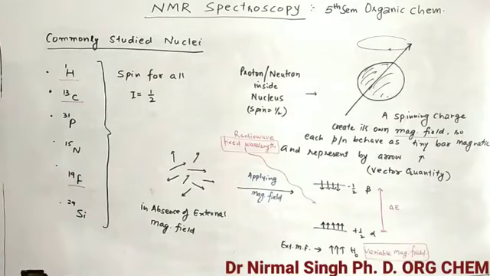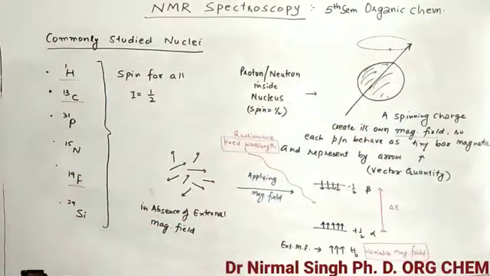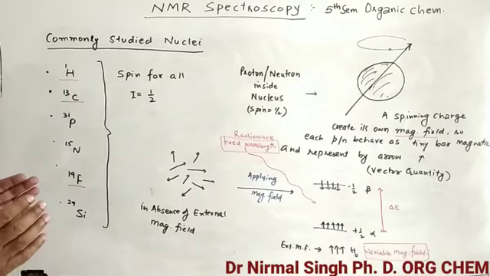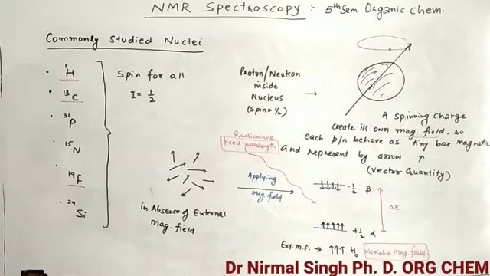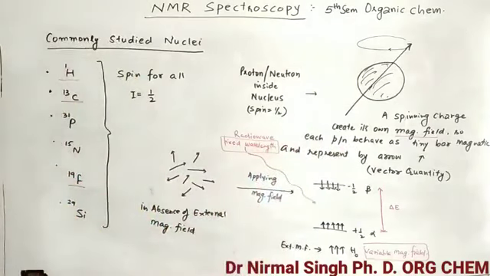It contains millions of protons and neutrons, and each one is spinning and creating its own magnetic field. So all the protons and neutrons behave like a tiny bar magnet, which is represented by an arrow.